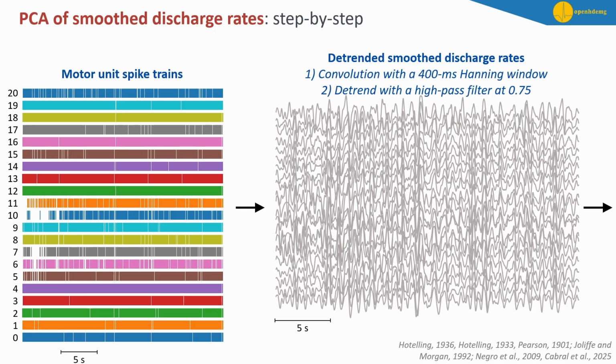But now, instead of doing pairwise cross-correlation, for example, the idea is to capture a couple of signals that can explain most of the variability of all the smooth discharge rates we have. In this way, we can have a time varying signal that resembles this common drive, this common oscillation across the motor units, okay?